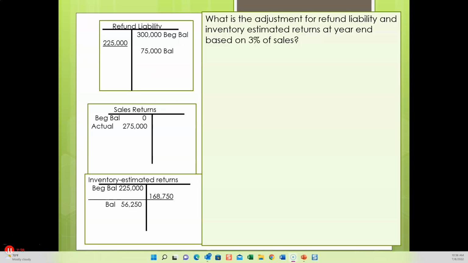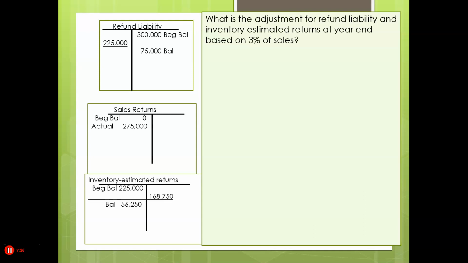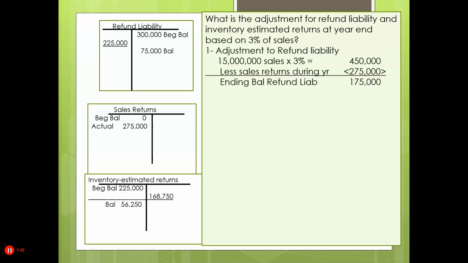Now, what is the adjustment for refund liability and inventory estimated returns at year-end based on 3% of sales? Well, first we have to take our $15 million in sales times 3%. Then we have to back out the current year returns. So it tells us the ending balance in refund liability should be $175,000.